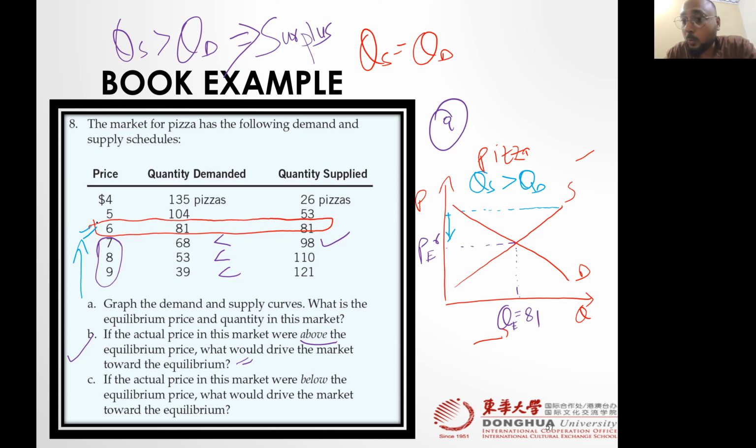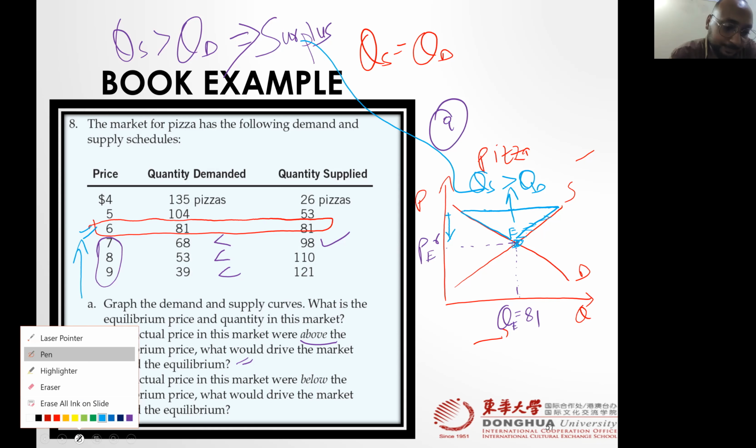Why did this happen? Because when the market price started decreasing, the suppliers started decreasing their supply until it goes to equilibrium. So this triangle here is called surplus, right?